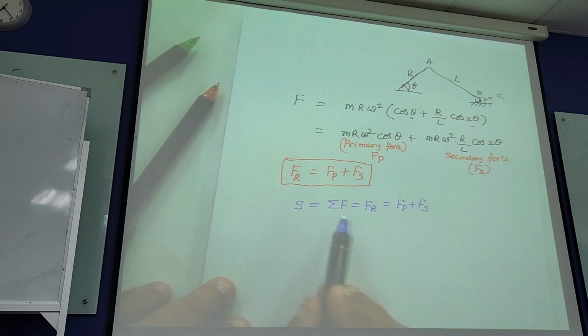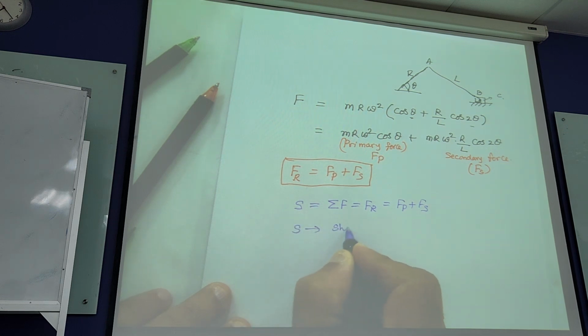When you write sigma F, the sum of forces, or Fr, it means the resultant force. So the resultant force is the addition of the primary force and the secondary force. This is also known as the shaking force S. So S represents the shaking force.